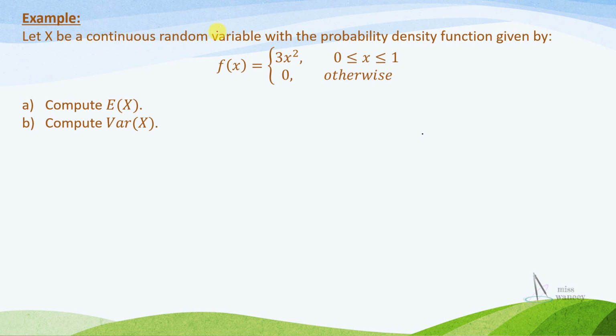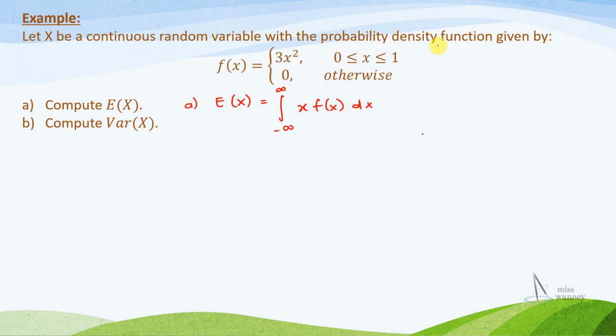Let X be a continuous random variable with the probability density function given by 3x squared for x between 0 and 1, and 0 otherwise. We have to compute the expectation of X. So the formula for the expectation of X is the integral from negative infinity up until infinity of x multiplied with f(x) dx.